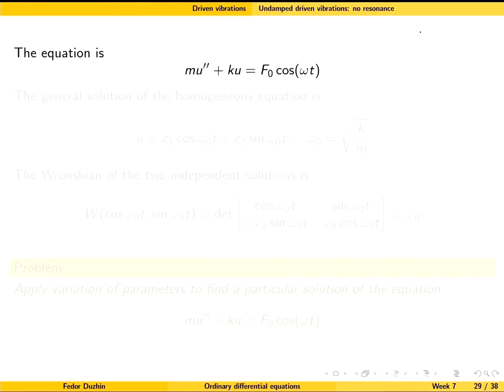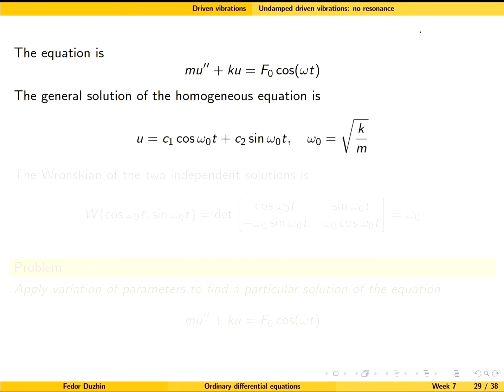But let us now assume that the frequency of the driving force is different than the natural frequency of the spring mass system, right? So how do we solve the non-homogeneous equation? We need to find the general solution of the homogeneous equation first, which we know.